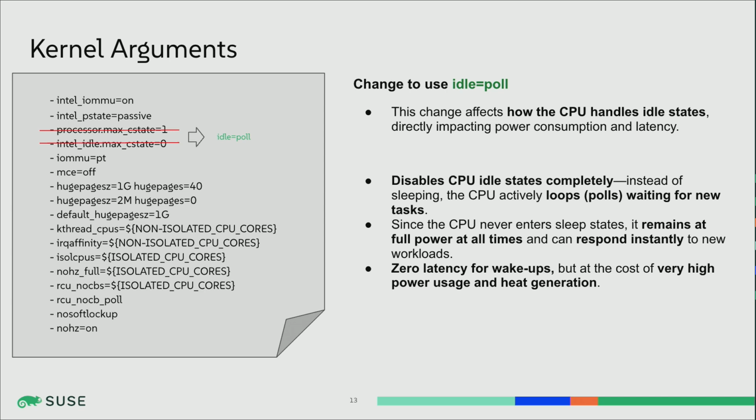When you changed the CPU idle poll and completely removed the idle states, did you have any issues with it creating more heat or any kind of problems like that for the particular system? So for sure, if you remove the time that they are sleeping, it means that the CPU has to be at full power all the time.